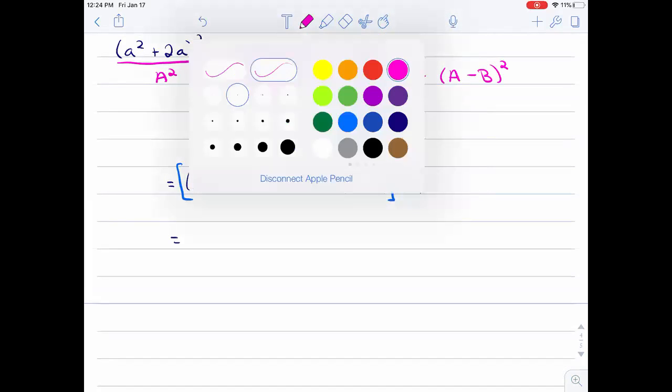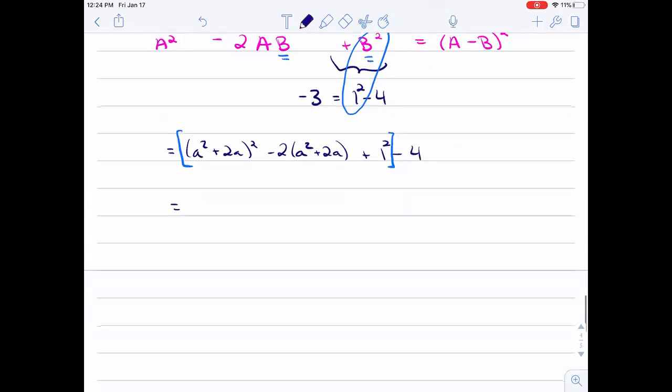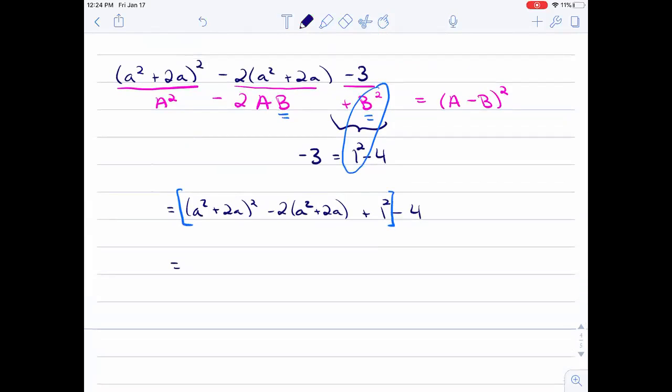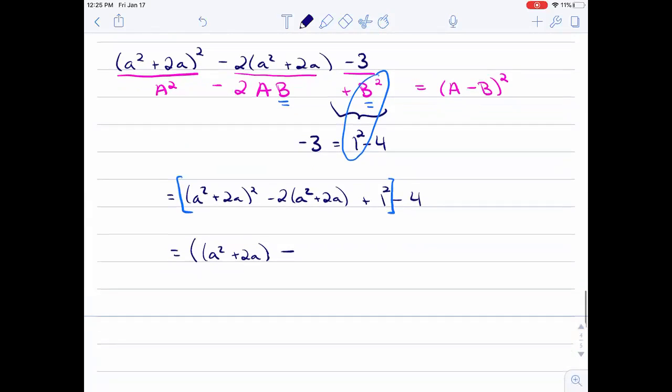So now I can rewrite everything in the light blue brackets here as, well, if a is a squared plus 2a, I'm just treating that as one thing, then I get a squared plus 2a minus b, which is 1, all squared minus 4.